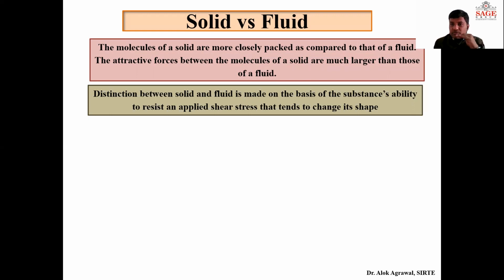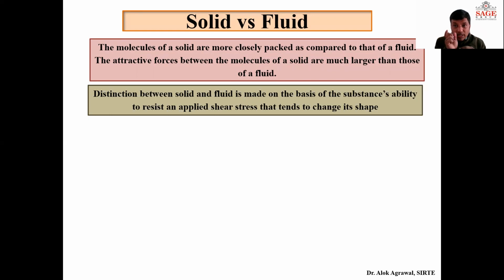When we apply a small shear force to a solid, it will not deform. We have to increase the shear force up to a limit to make it deform. And when we stop applying the shear force, either it will come back to its original shape or it will stay like that.